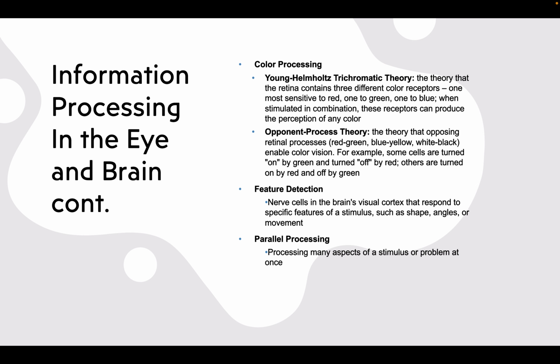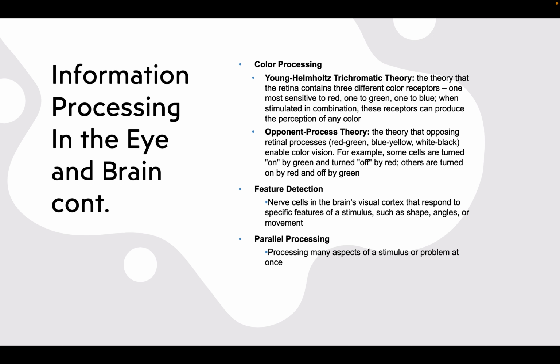And so that's more along the lines of the opponent process theory. When it comes to color, our eyes are very complex. Seeing in general is very complex, but color is one of the aspects that makes it complex.